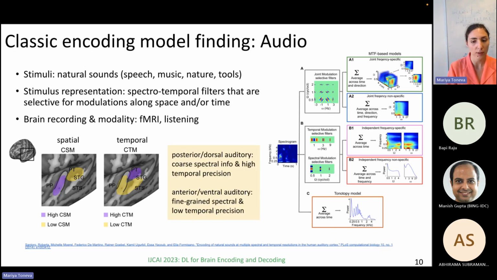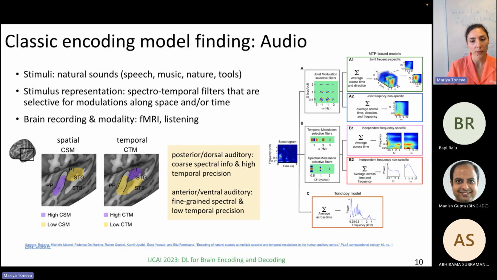What they saw as a high-level takeaway is that there's a posterior-anterior divide in which the more posterior regions, meaning the more back regions of the auditory cortex, are more selective for coarse spectral information, but also high temporal precision.